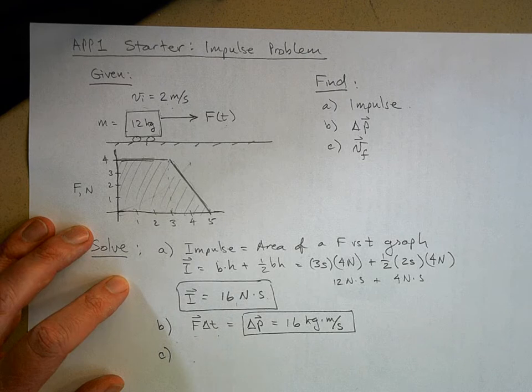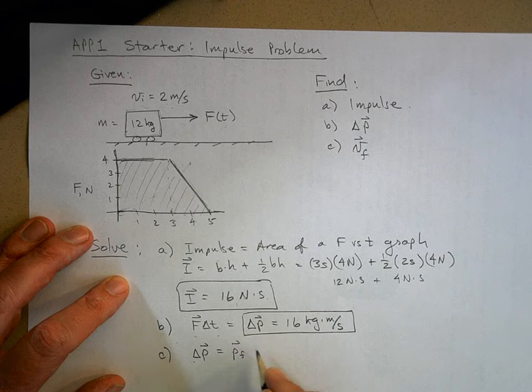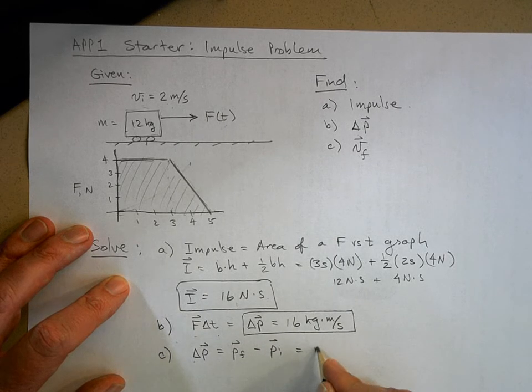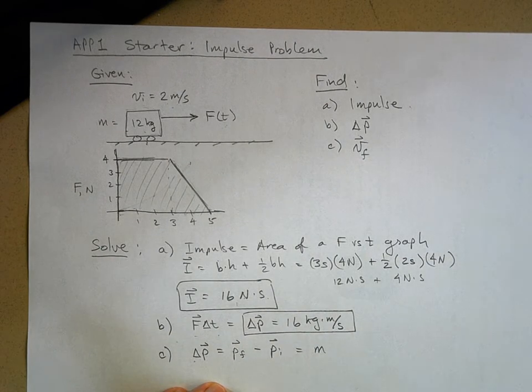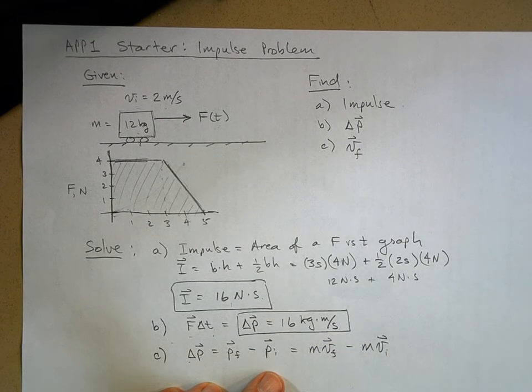Now part C, now we know what the change in momentum is. Well, that's equal to the final momentum minus the initial momentum. Well, that's equal to the mass, and the mass stays constant, so that's going to be mass times final velocity minus the mass times the initial velocity.